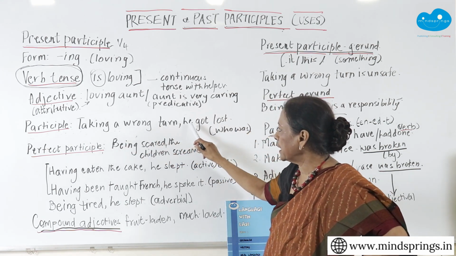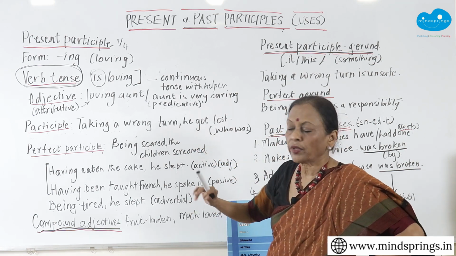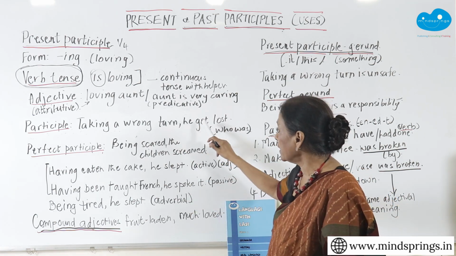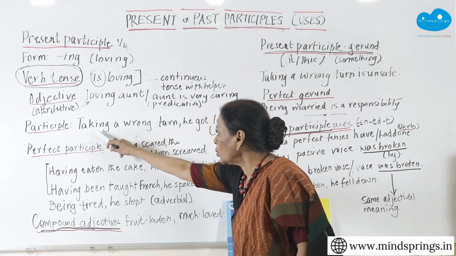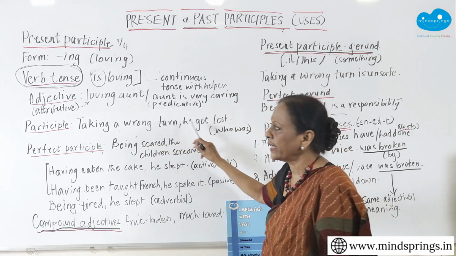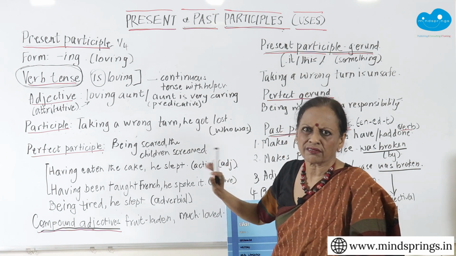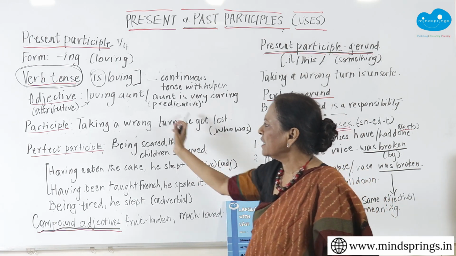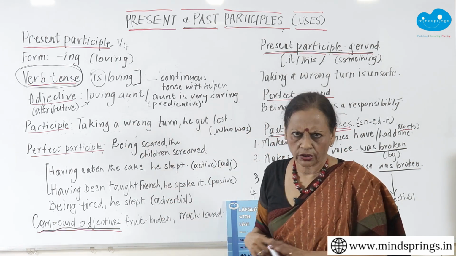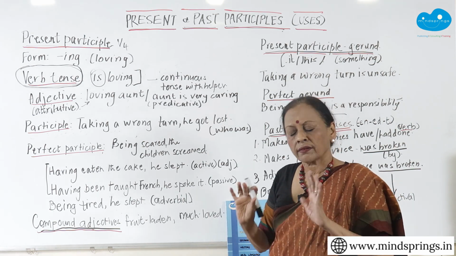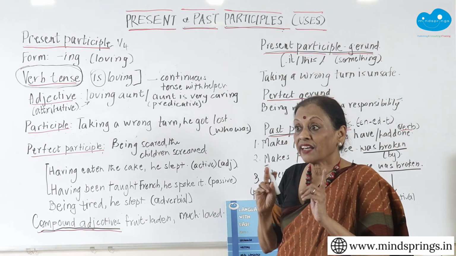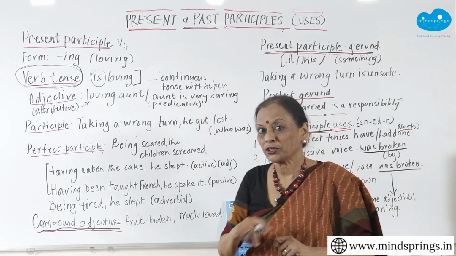Taking a wrong turn, he got lost. What do we mean by that? If we expand it, we will get he who took a wrong turn, or he who was taking a wrong turn. You can put who was, it will be very easy. He who was taking a wrong turn got lost. It makes perfect sense. If it is a gerund, what do we substitute it with?